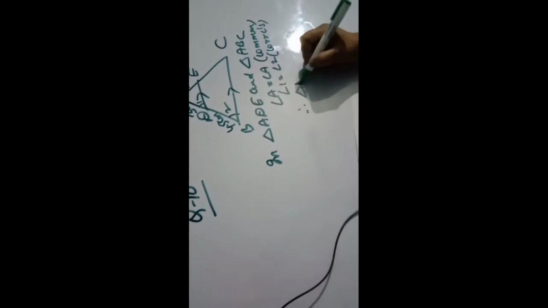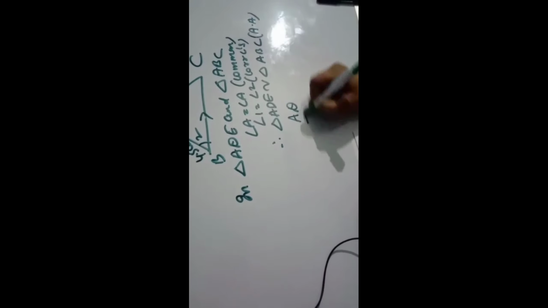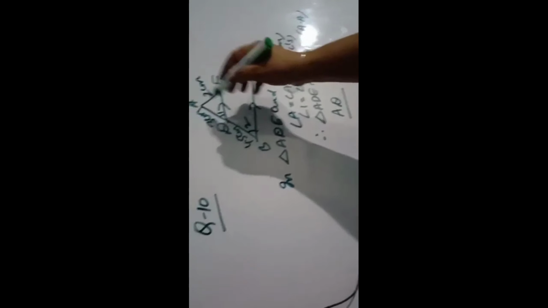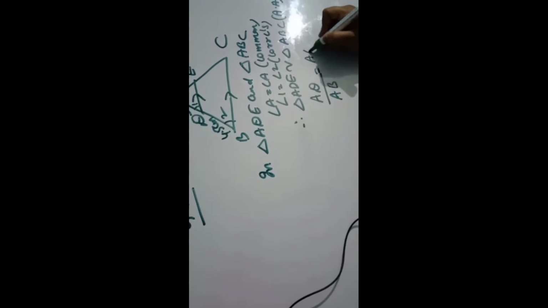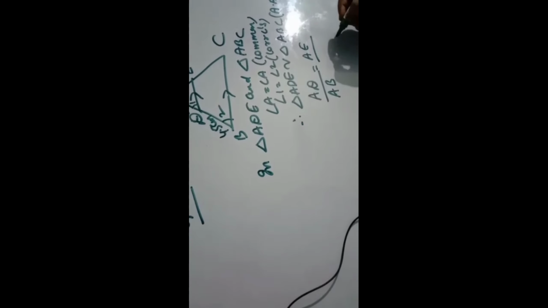Therefore, triangle ADE is similar to triangle ABC by AA. If they are similar, you can write their sides in ratio. So you can write AD, which is a side of the small triangle, over AB, which is a side of the big triangle, equals AE over AC.